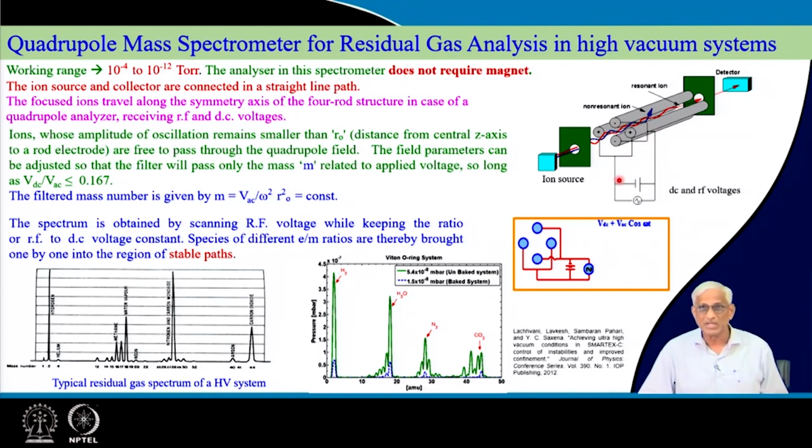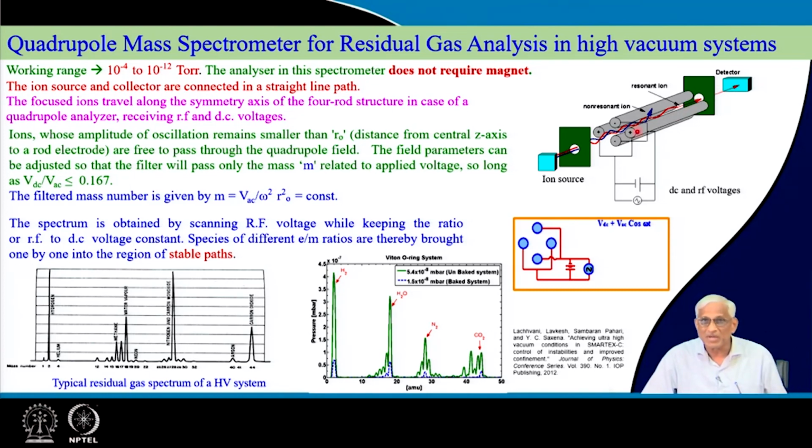So only two elements, across those two elements, parallel circuit, DC voltage, RF voltage. I have just zoomed that here. When you adjust these DC voltages, keeping the DC by RF potentials constant, why and all I will explain a little later, you will get a stable path of ions for various voltages to various masses.